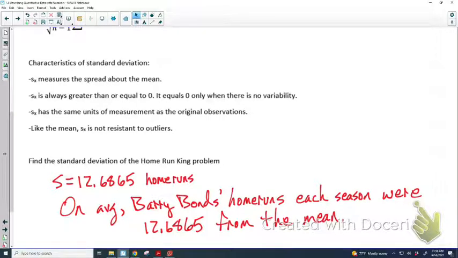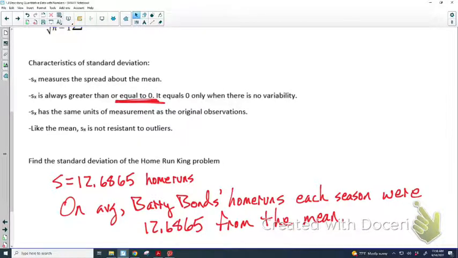Notice there's a few concepts up there right above this, characteristics. I already talked about Sx, I believe. It's how far on average values are from the mean. It has to be positive, because remember, you find the deviation and then you square. So it has to be either 0 or greater than 0.